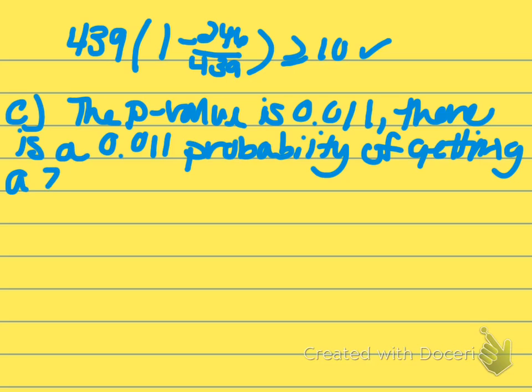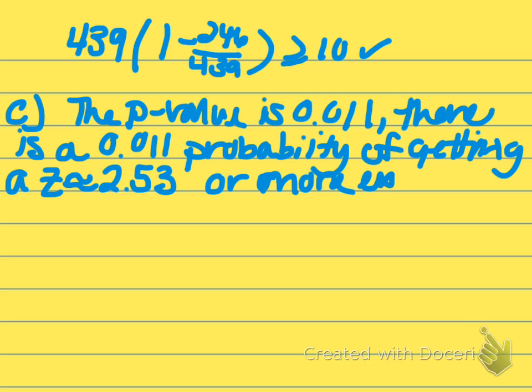Getting a Z value approximately equal to 2.53 or greater, or more extreme, excuse me. All right, sorry, I got a phone call. You'd say the p-value is 0.011.